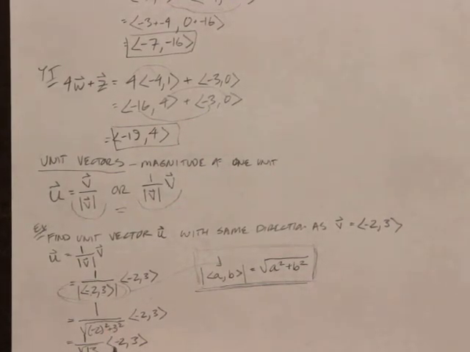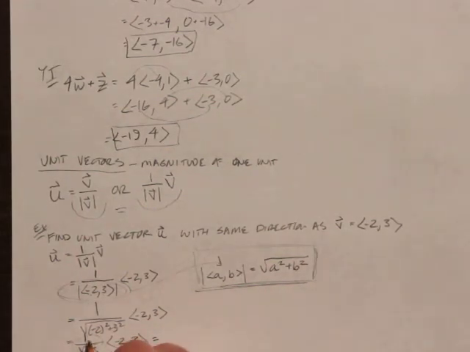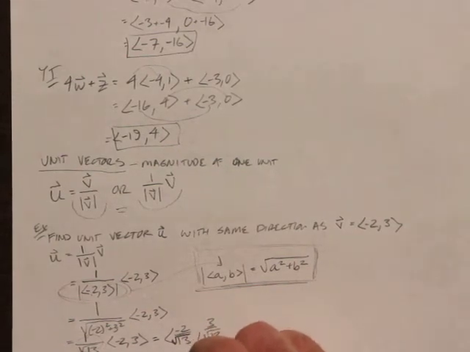I can take this scalar and multiply it by each component of my vector. So this is -2 over the square root of 13, and 1 over the square root of 13 times 3 is 3 over the square root of 13.